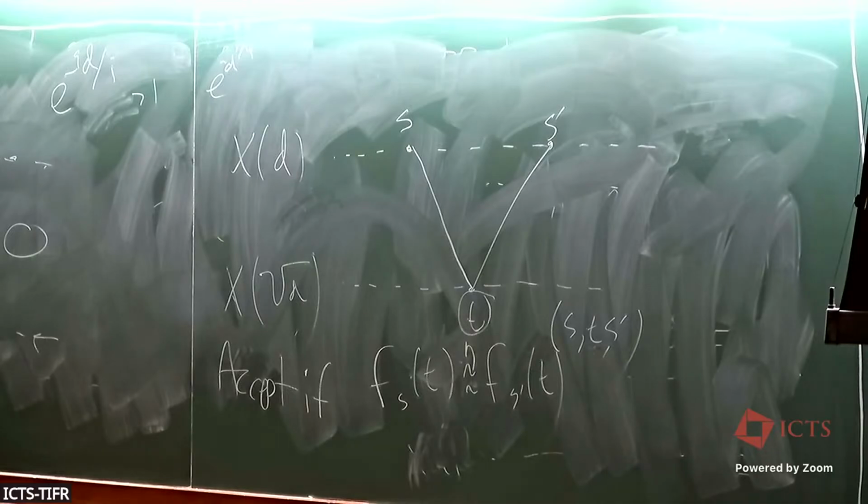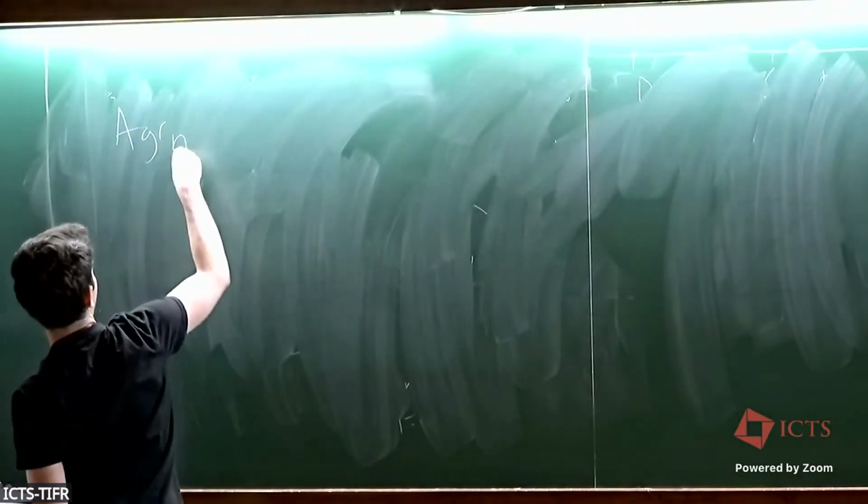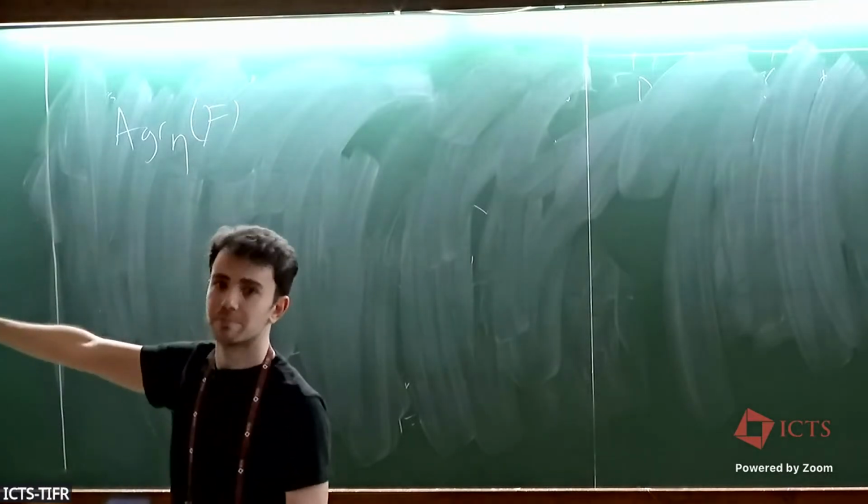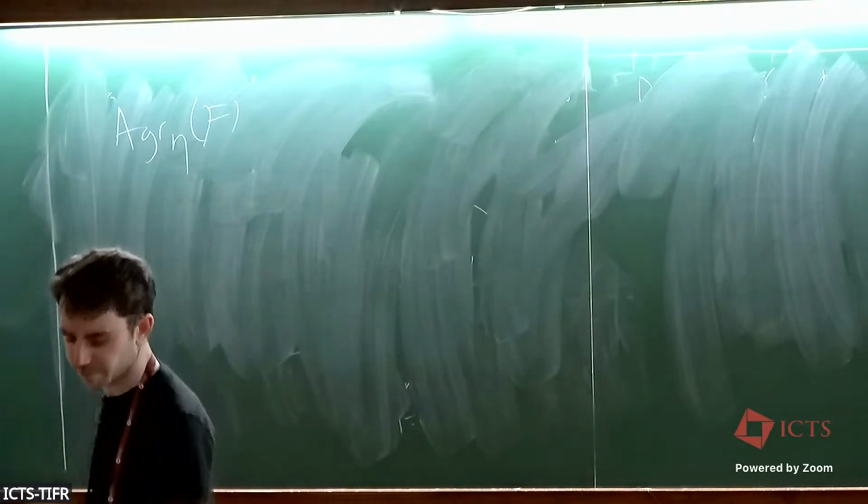Okay. So let me write the rough theorem statement that we're going to prove. I'll write the acceptance probability of this test as agreement eta of F. So this is the probability that the test passes under this eta approximate notion.